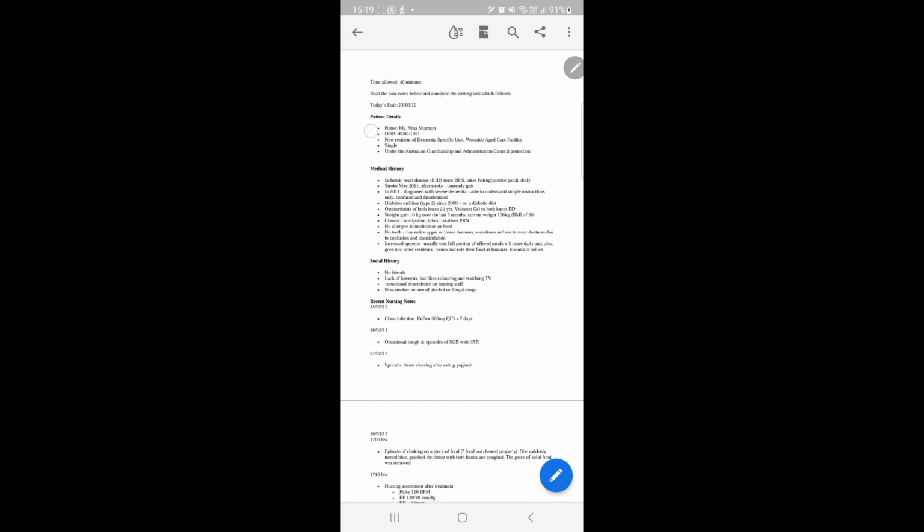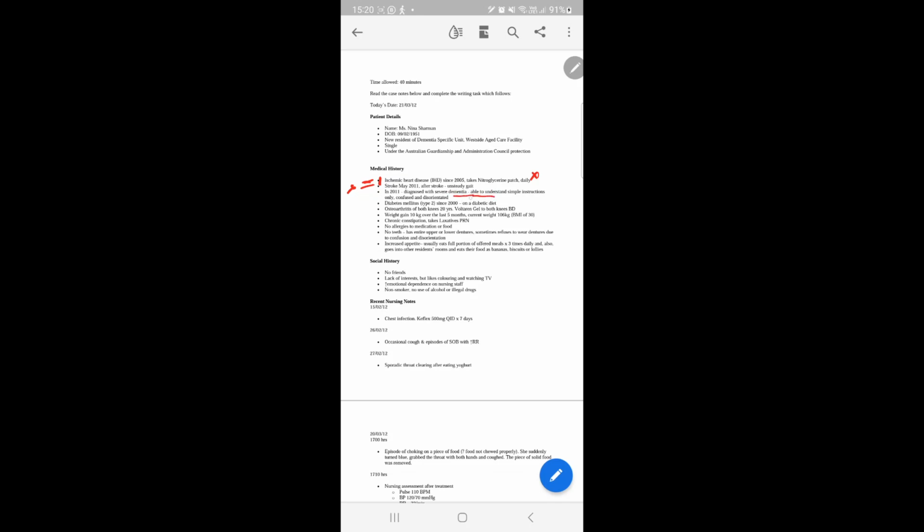So we can see name, these are some intro lines, we can write them down. But this information might not be relevant for the dietitian. Ischemic heart disease, not directly relevant. We can write it down at the end if you want, but not relevant. Stroke, not relevant with reference to the main criteria, but with reference to the risk of aspiration, it would be semi relevant if you write it down somewhere lower.